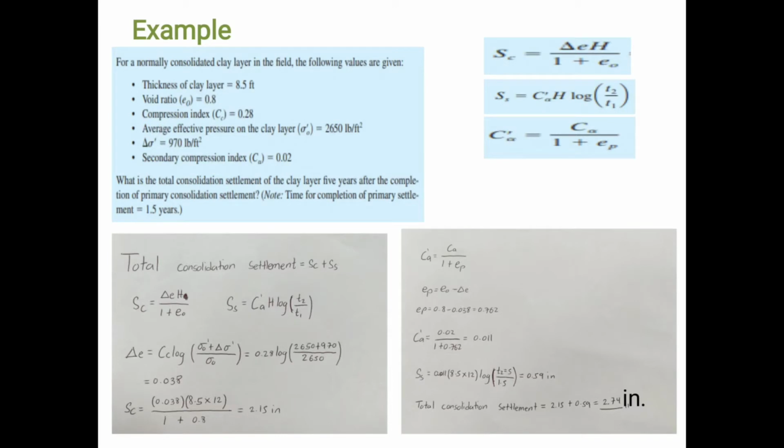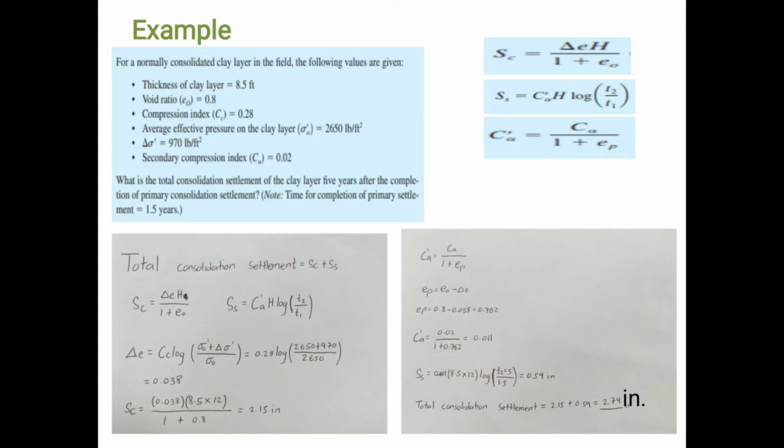Then next is secondary settlement. The formula for secondary settlement is S sub s equals magnitude of secondary consolidation times H, thickness of clay layer, times log of t sub 2 over t sub 1.